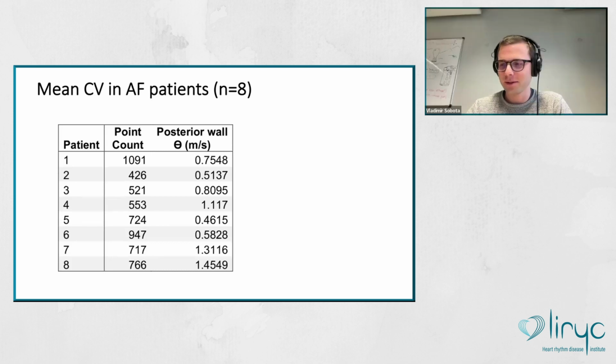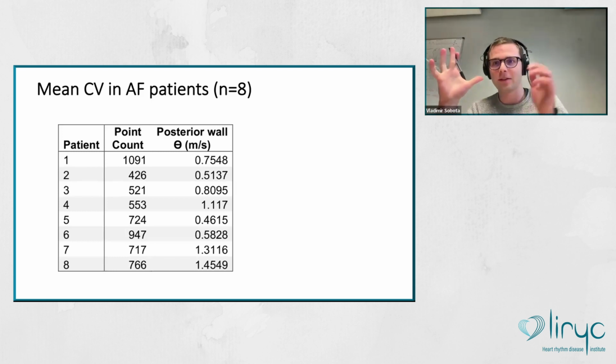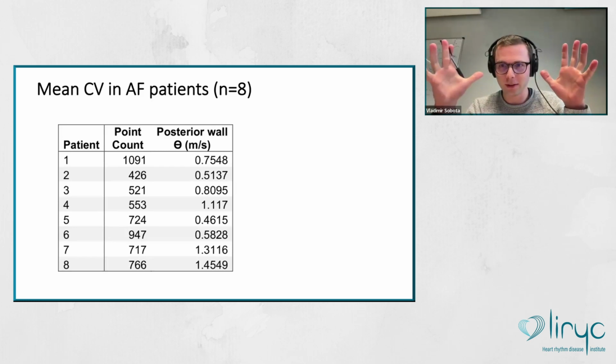Okay, thanks. And then my third remark is about the absence of the right atrium, because indeed, the moment we are using just left atrial models and simulations, this is basically a left atrial study, right?